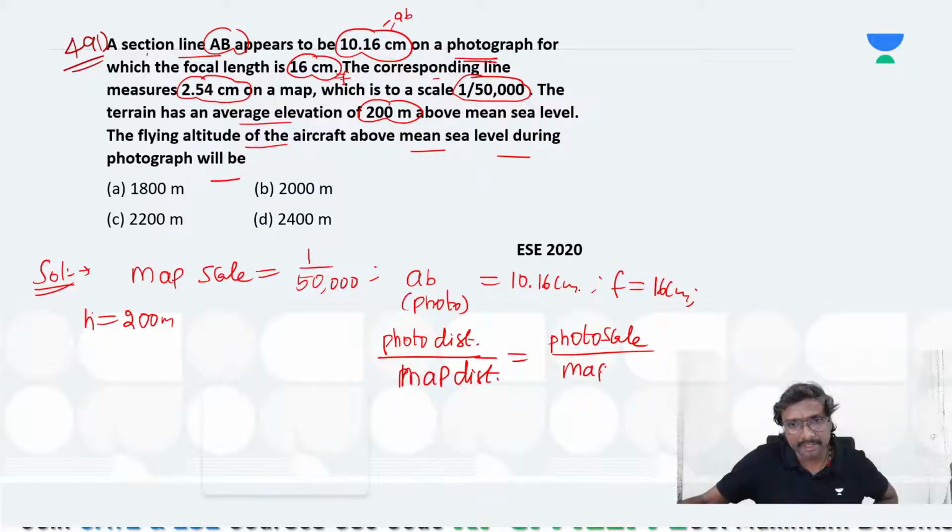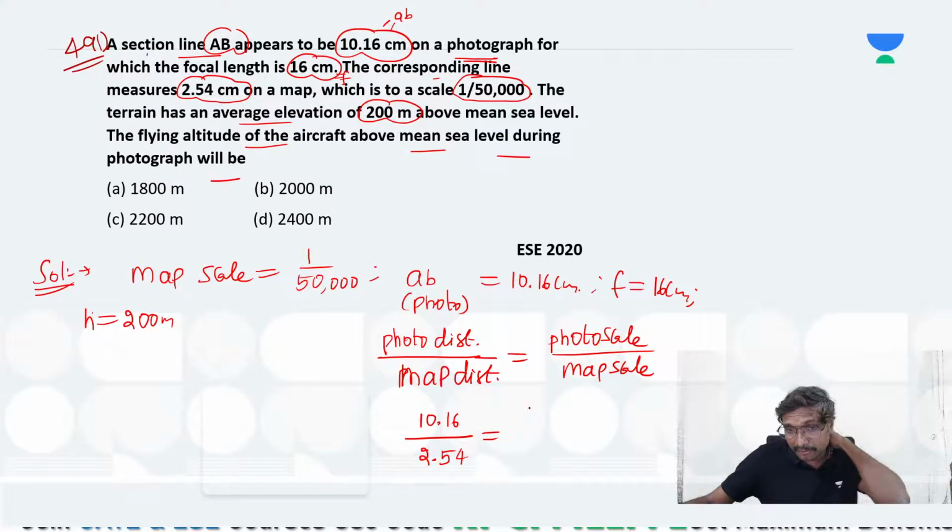The photo distance is 10.16 centimeters, and the map distance is 2.54 centimeters. The photo scale we do not know.